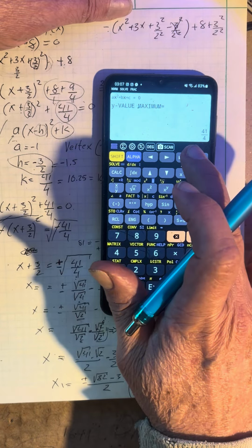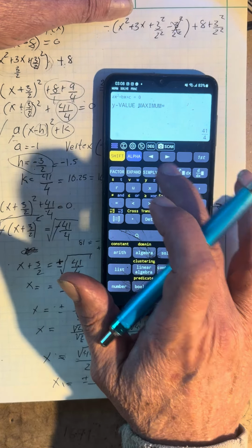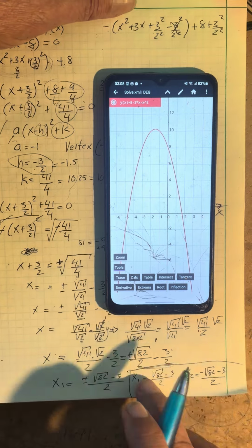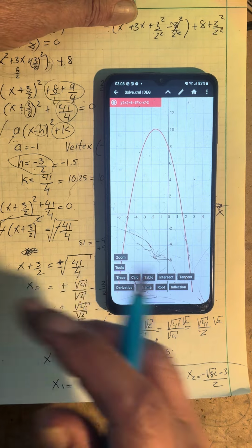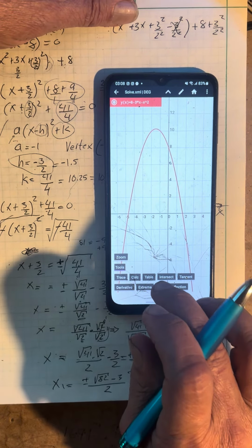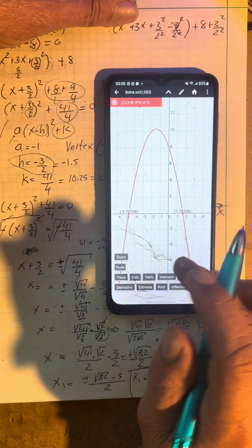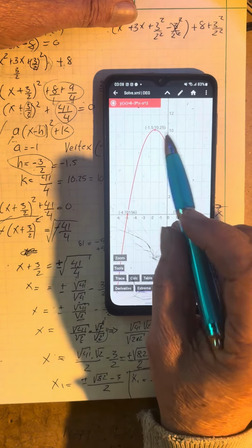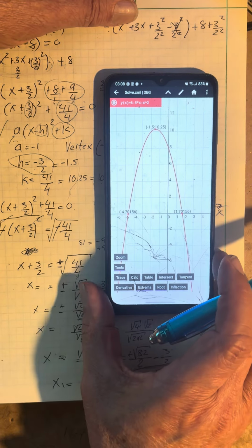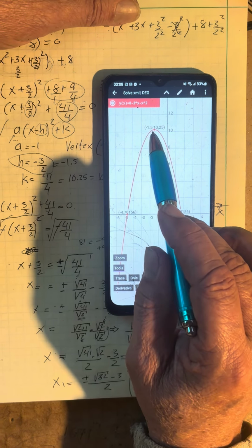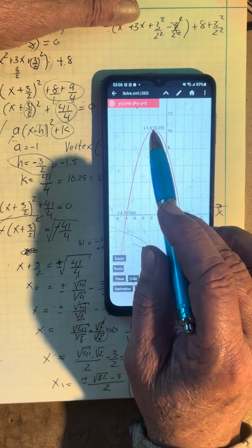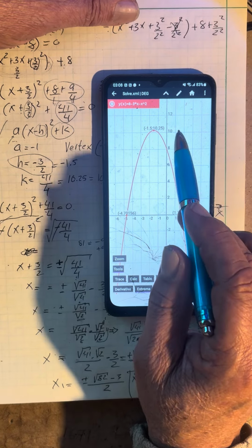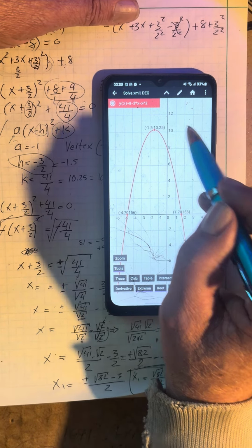I'm just going to go into my graphic mode, and that's going to tell me the calculations. This is just put it in the calculator. But I'm a really lazy guy, you know, and so the extremas are shown in here, minus 1.5 and 10.25, which is somewhere a little bit above 10.